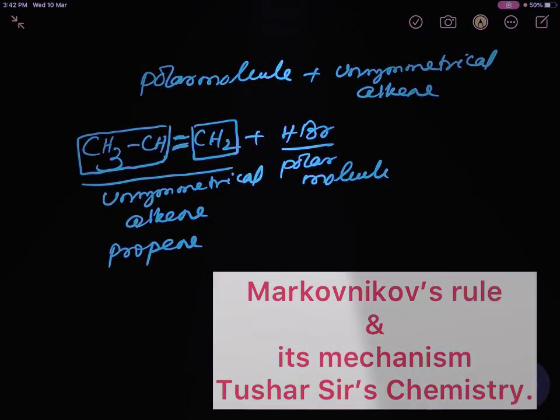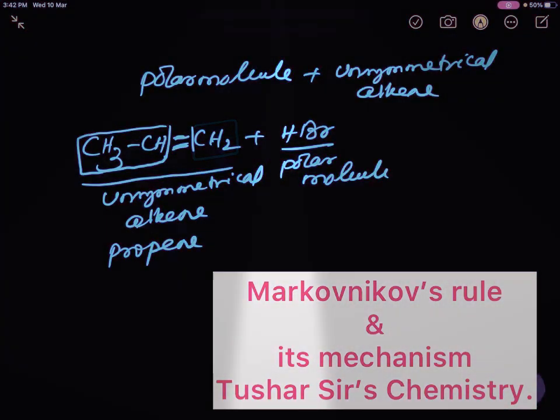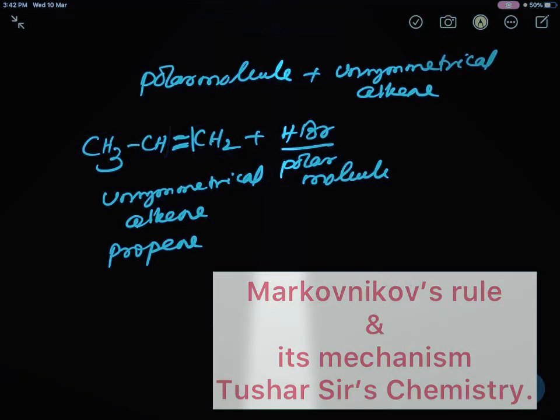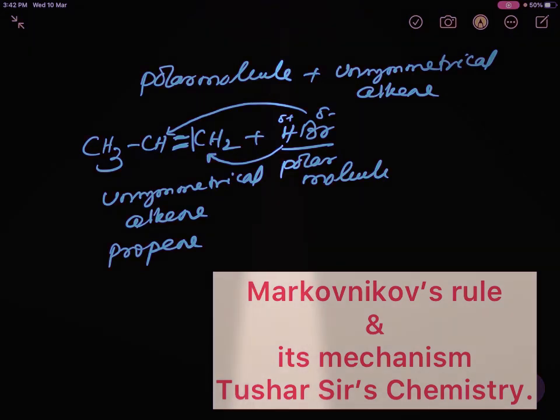As it is unsymmetrical, the negative part of the polar molecule goes to the carbon atom of the double bond which contains less hydrogen, and the positive part of the addendum goes to the carbon atom of the double bond which contains more hydrogen.